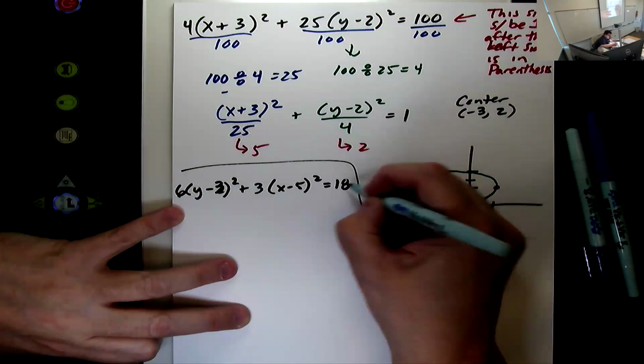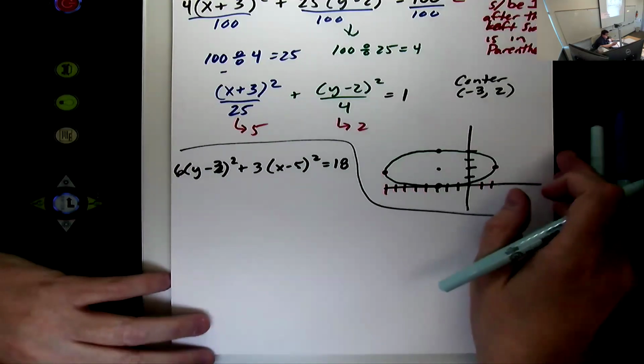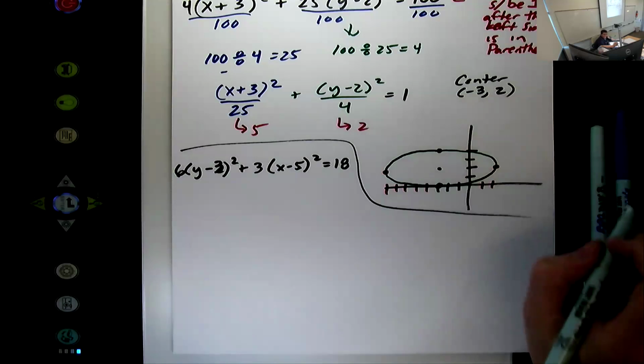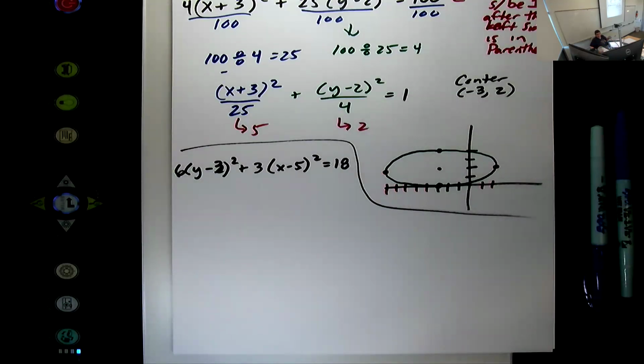Let's do that. Yeah, I think x minus 5. Yeah, it's 5. Thank you. And once you do it, write down what the center will be. You don't have to graph it, but how far left and right will it go and how far up and down.